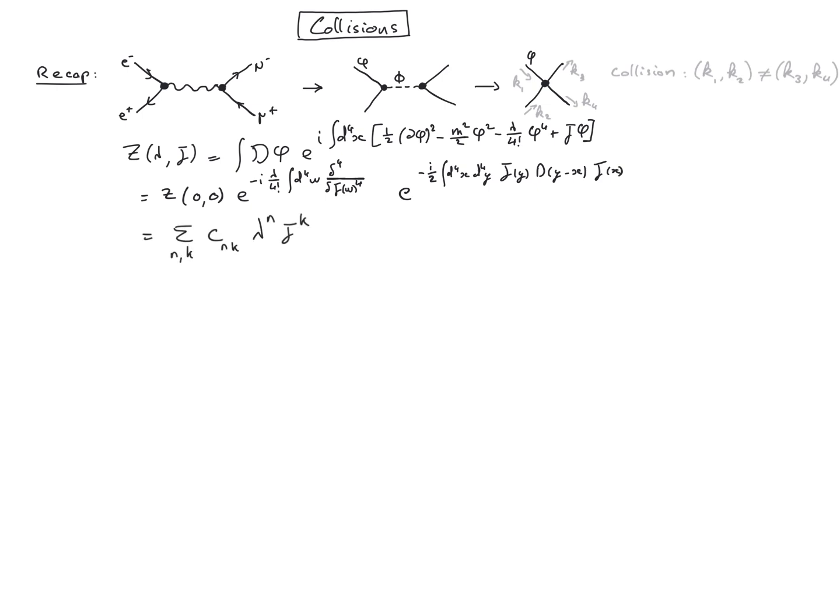To have the collision amplitude encoded into the path integral, we need to make sure that the sources create the initial disturbance of the field, because before that we want to be in the vacuum. And we also want sources playing the role of sinks, annihilating the final disturbance of the field after the collision.